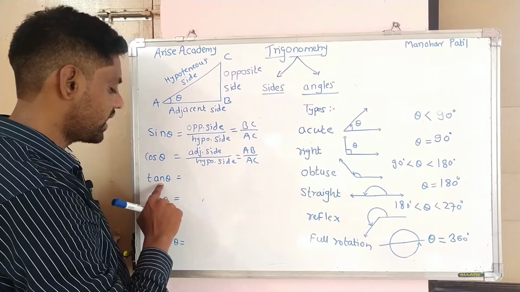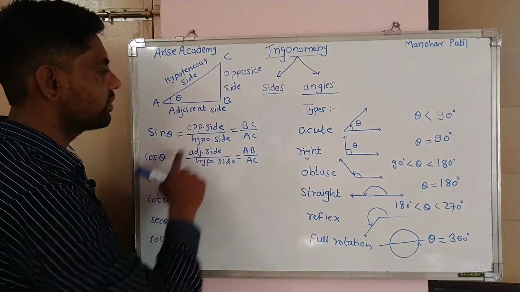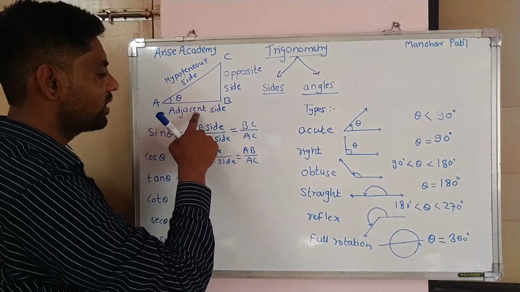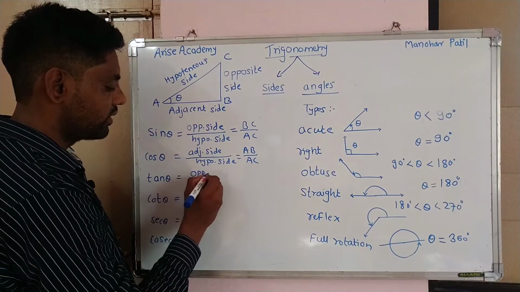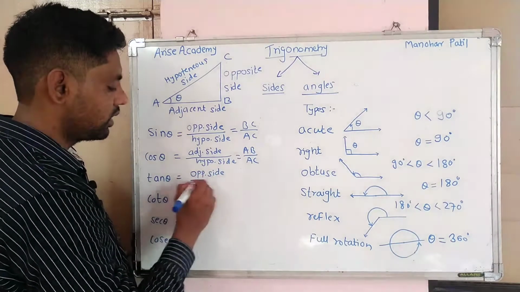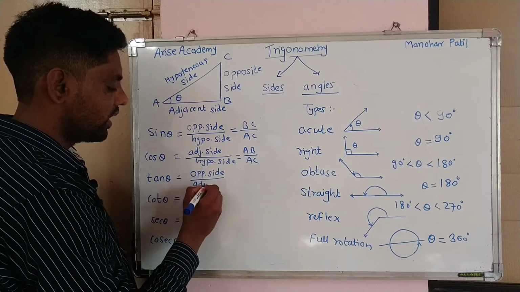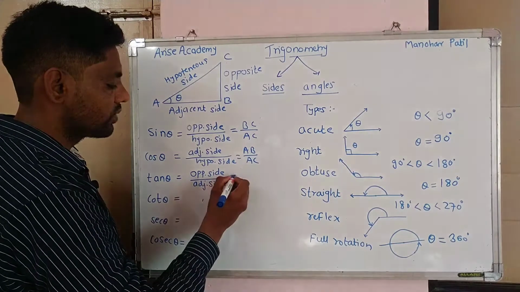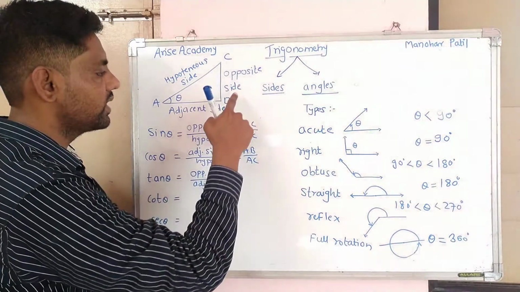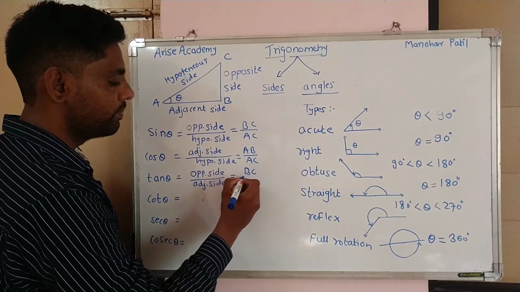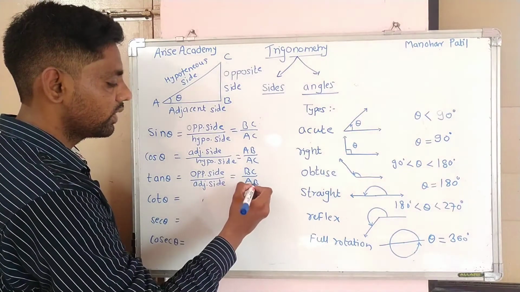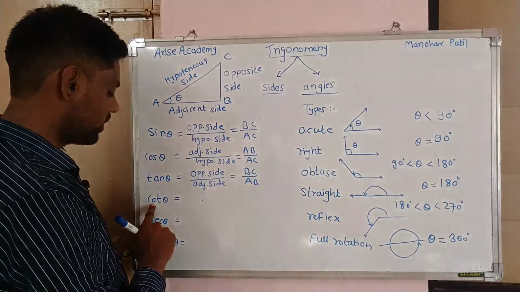Next, tan theta. Tan theta is nothing but opposite side upon adjacent side. So the opposite side is BC upon AB, BC upon AB. Next, cot theta.